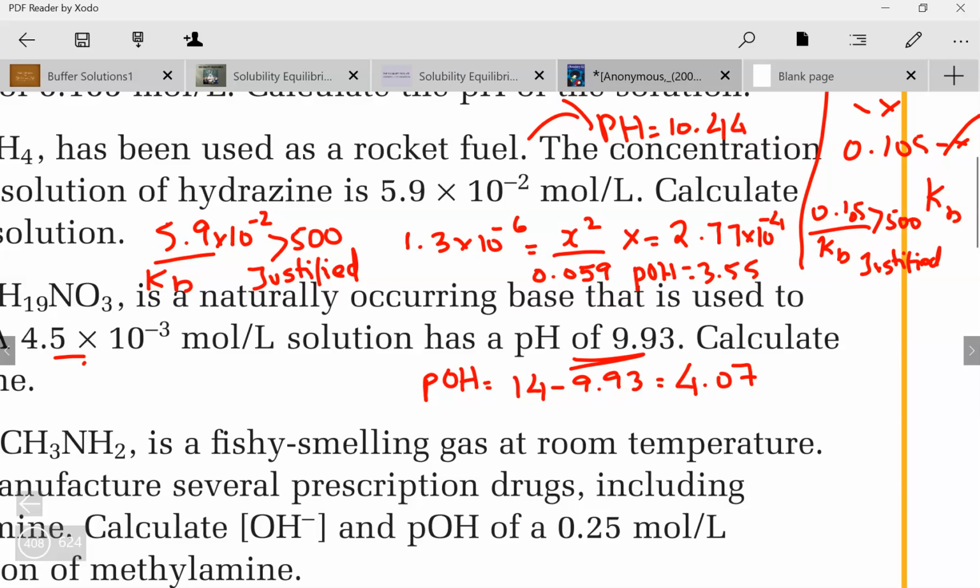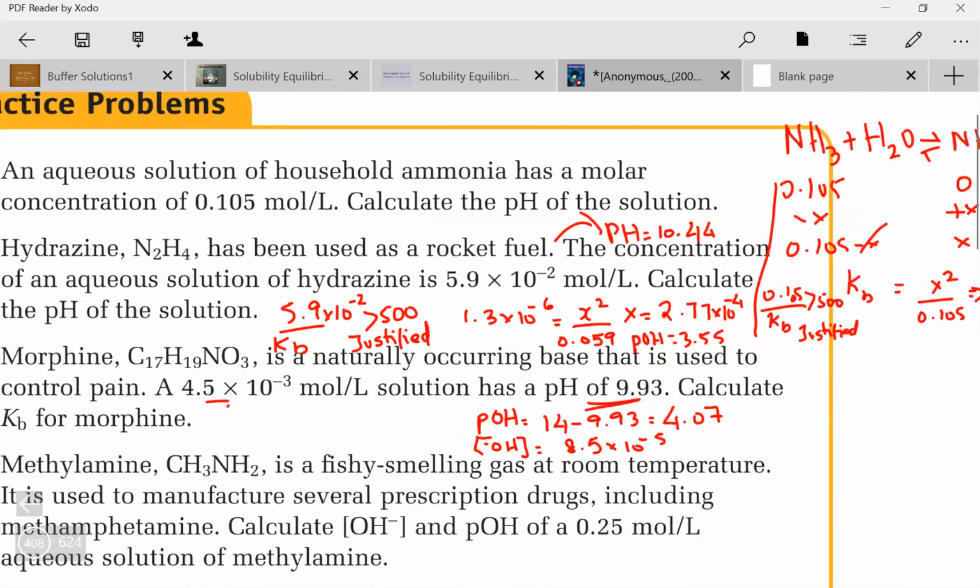And now my OH minus concentration is 10 to the power of negative of that, which is 8.5 times 10 to the power of negative 5. Now I have to calculate my Kb, right?